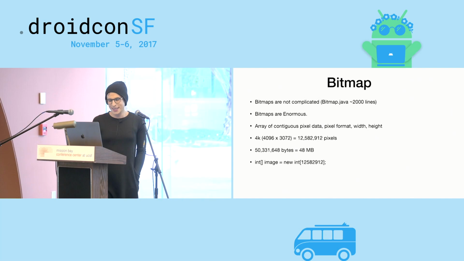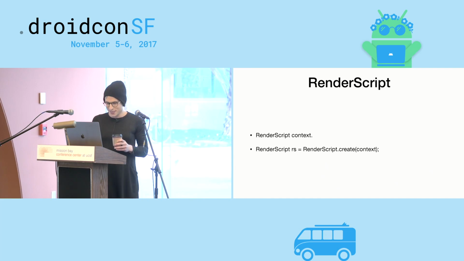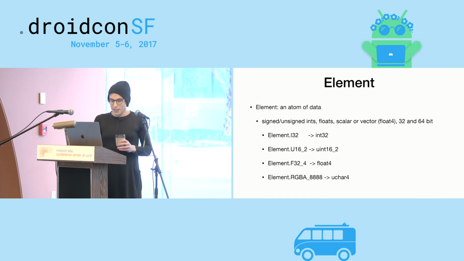So let's talk a little bit about the API. RenderScript context. This is like a context, a big sort of God object. We're familiar with these. An element. When you're talking about mapping over something, you're mapping over a collection of elements. An element is the type information for an element. It talks about what its size is.